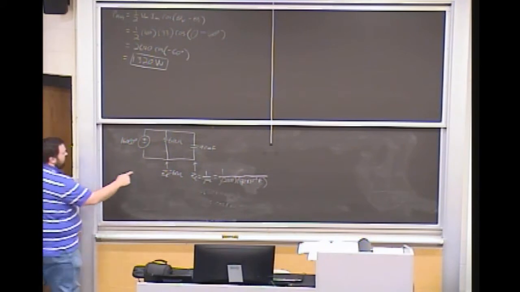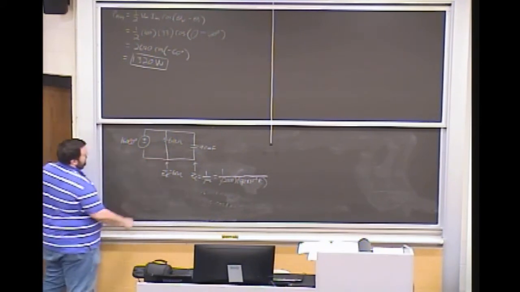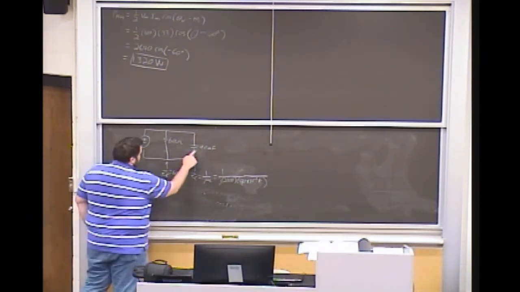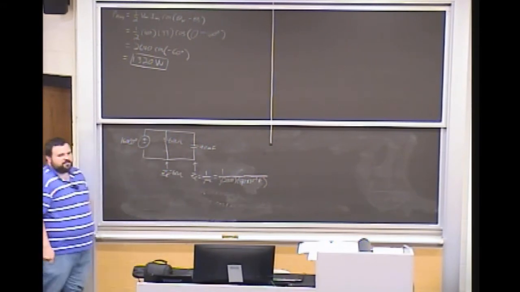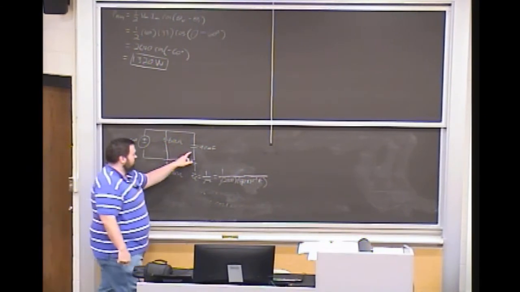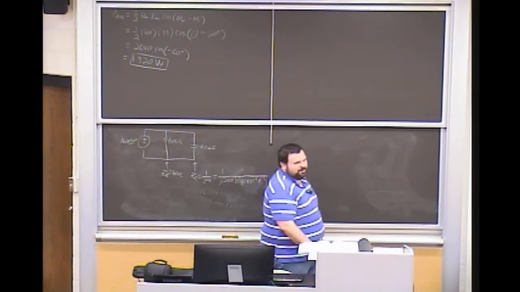How is the current going to be here? In phase, out of phase, how much out of phase? It's going to be in phase with the voltage. What do we know about the phase here? 90 degrees out of phase. And so if you have a purely capacitive load, how much average power is delivered to it?